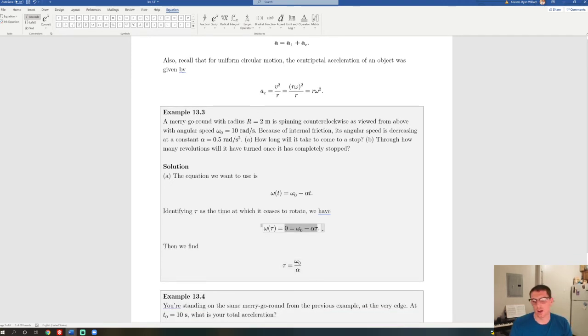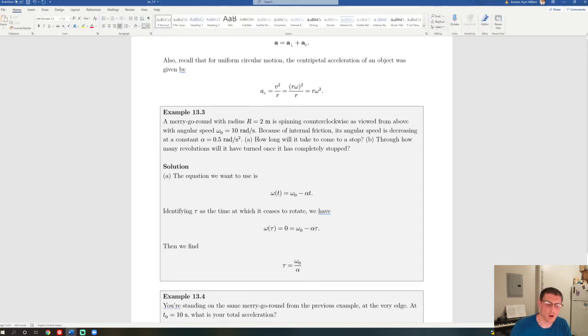And you should find numerically that this is 20 seconds. And note that if you had written the radians in your units, they would cancel out. So it's kind of like they were never there, right?